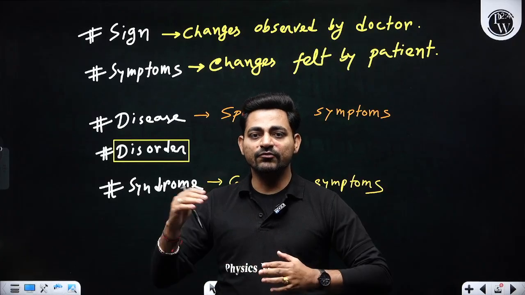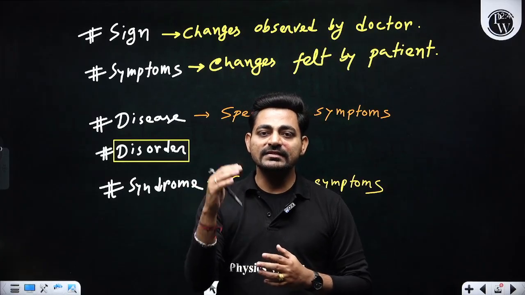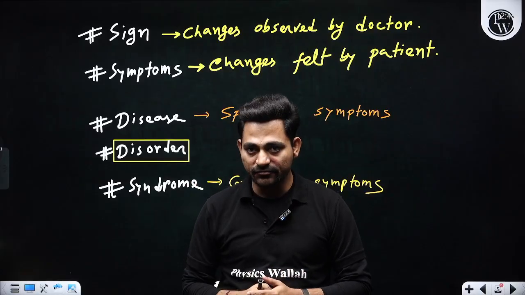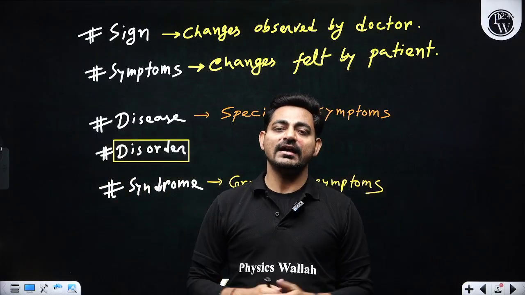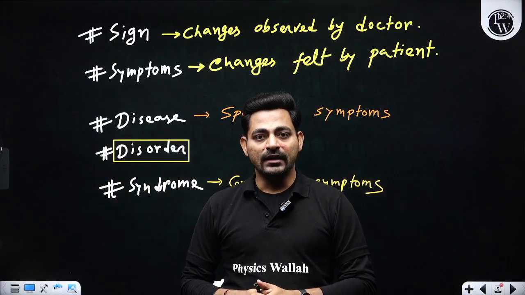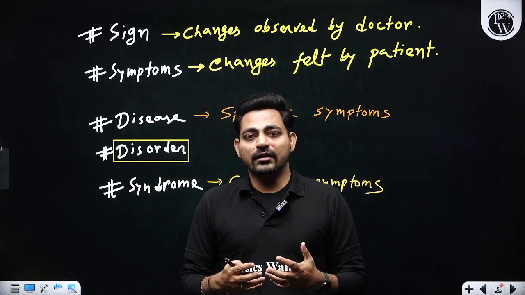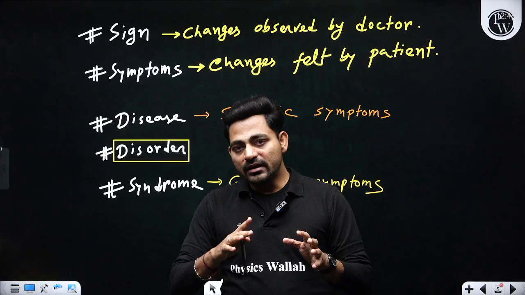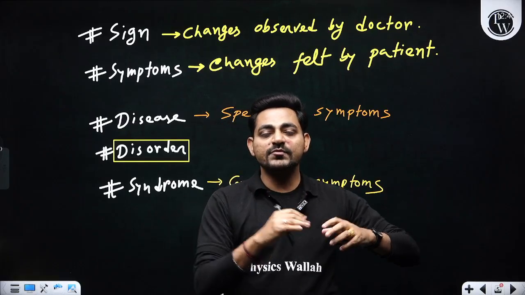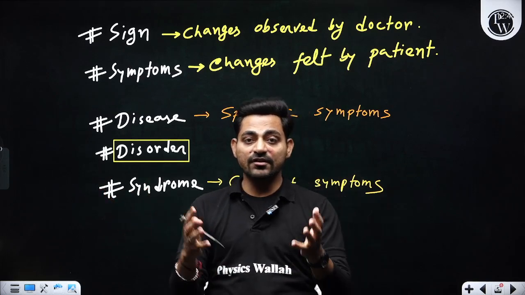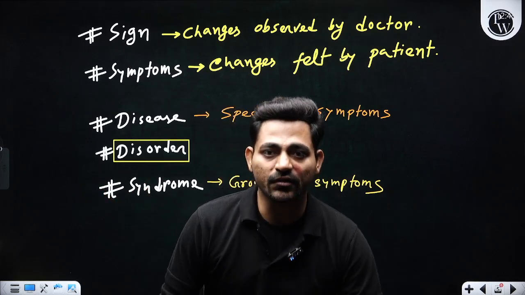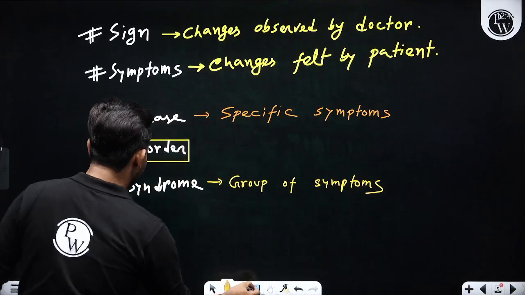That means when your immune system is attacked by the HIV virus, many opportunistic pathogens will attack again, and your body will exhibit different types of symptoms of different diseases. So that's why this combination of symptoms we call syndrome.